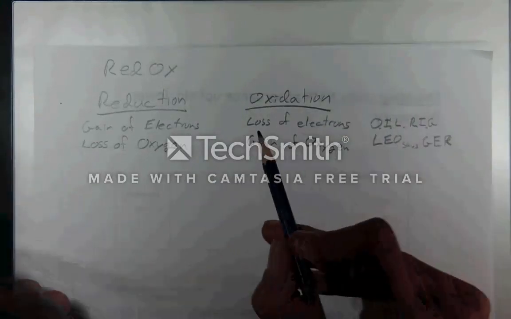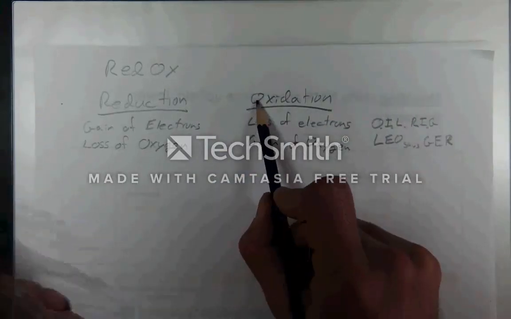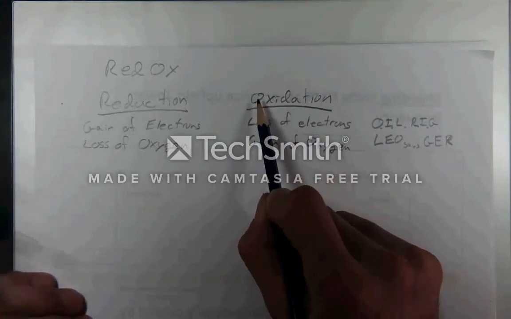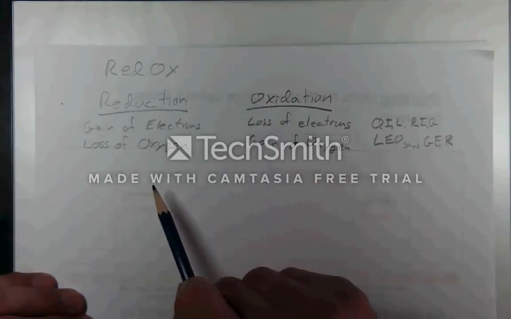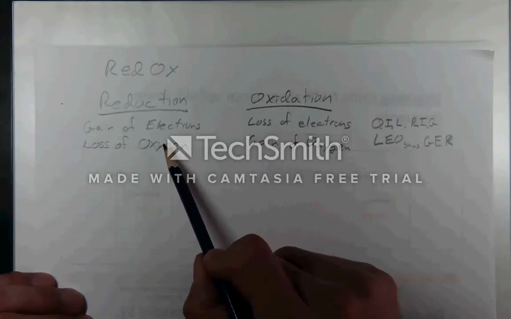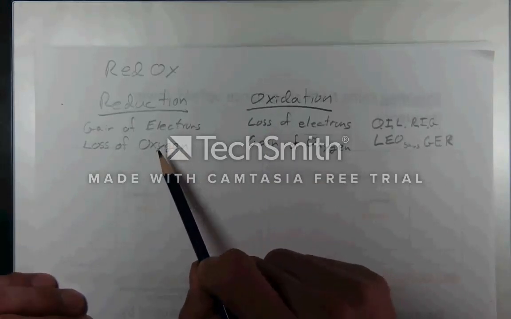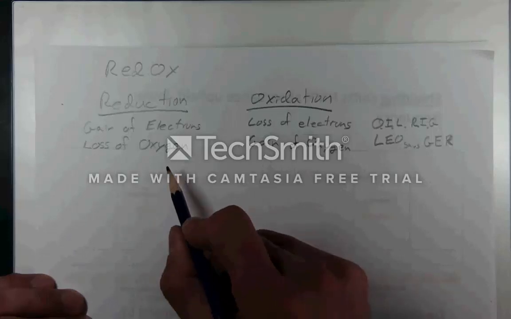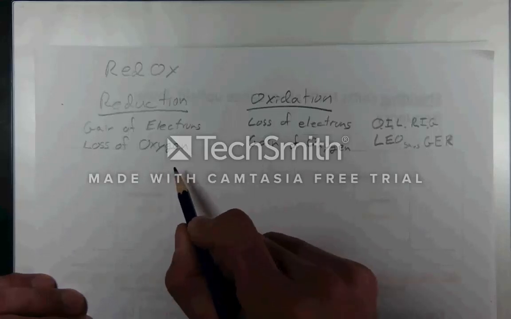Since the quintessential oxidizing agent, or the thing that does oxidizing, is elemental oxygen, we have this term oxidation. But it turns out that we can also describe redox chemistry with regard to hydrogen. In this case, hydrogen and oxygen tend to be opposites.